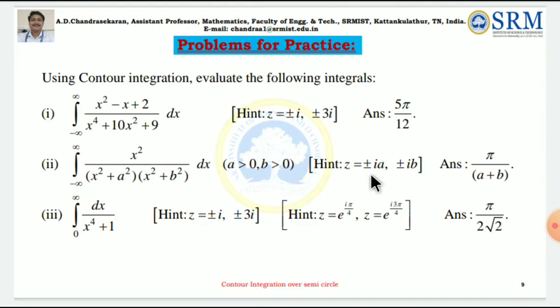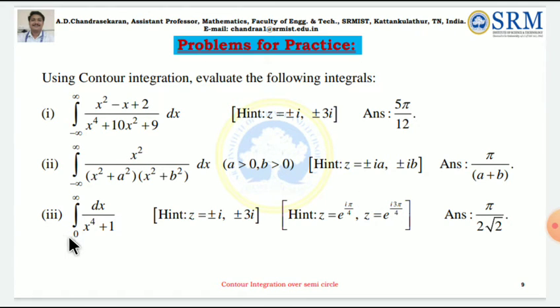So this is a hint for you: plus or minus ia, plus or minus ib. Once again, consider the positive roots alone, plus ia and plus ib, because these poles only lie in the upper half of the plane, right? So the final answer is pi by a plus b. A and b are positive constants.